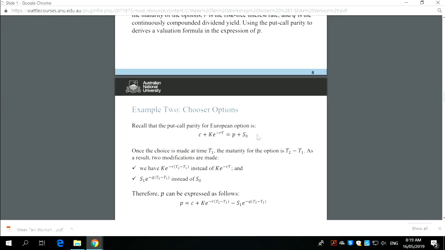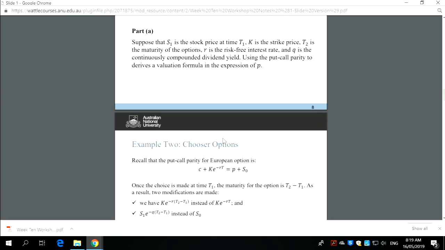What we get is P equals C plus the present value of the strike minus S0. So that's how we express the put option using put-call parity with regular options.